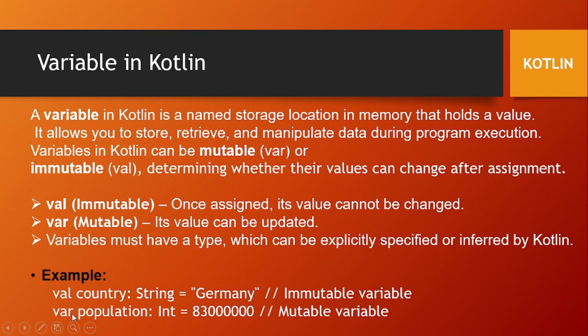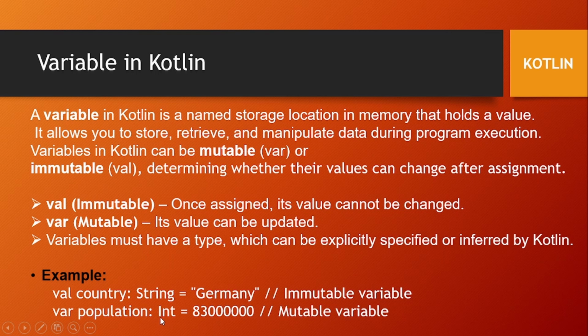In the second example, the var keyword is mutable, so we can change the value later on in our program, in the next line. Here, population is the name of our variable, then a colon, then the type of our data, which is Int.